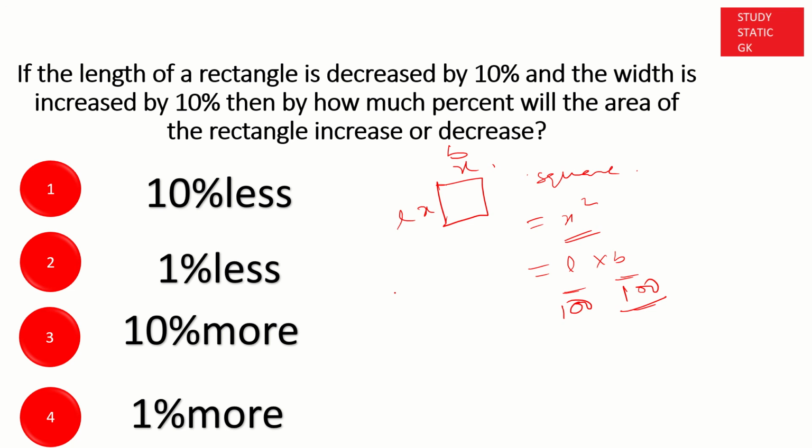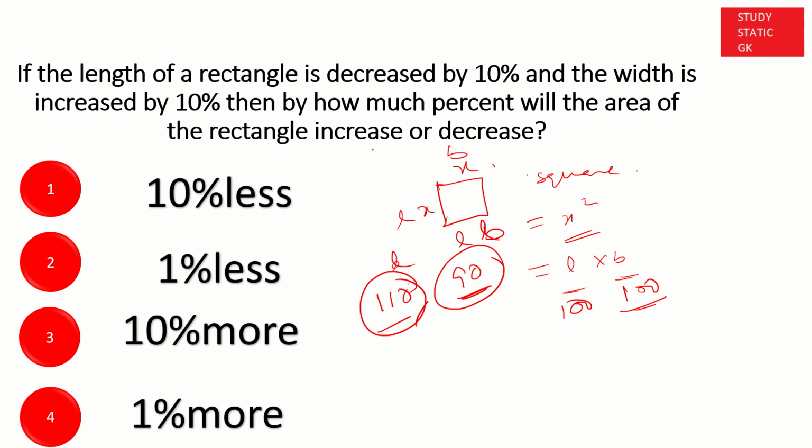So here what he's saying, width is increased by 10%, that means it becomes 110. Length is decreased, decreased means 90%. Whatever, this is length, this is breadth, sorry.